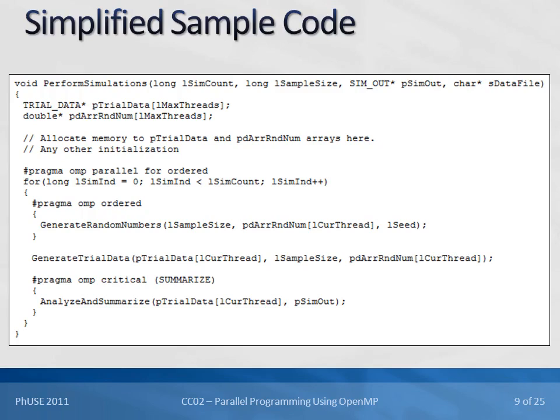Notice this interesting line before the for loop, hash pragma OMP parallel for ordered. This is an OpenMP compiler directive that tells the compiler that when the master thread enters this loop, it should create 0 or more child threads and distribute the iterations of the for loop among these threads.